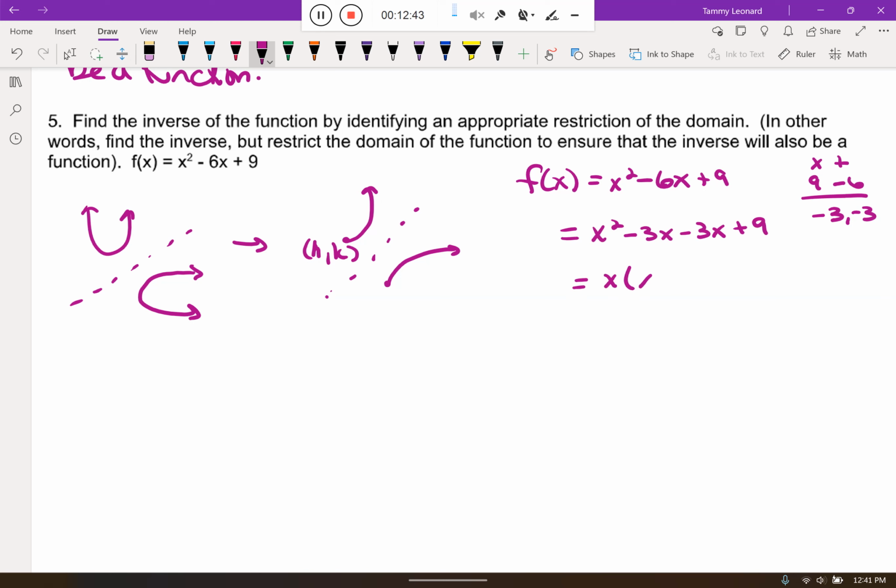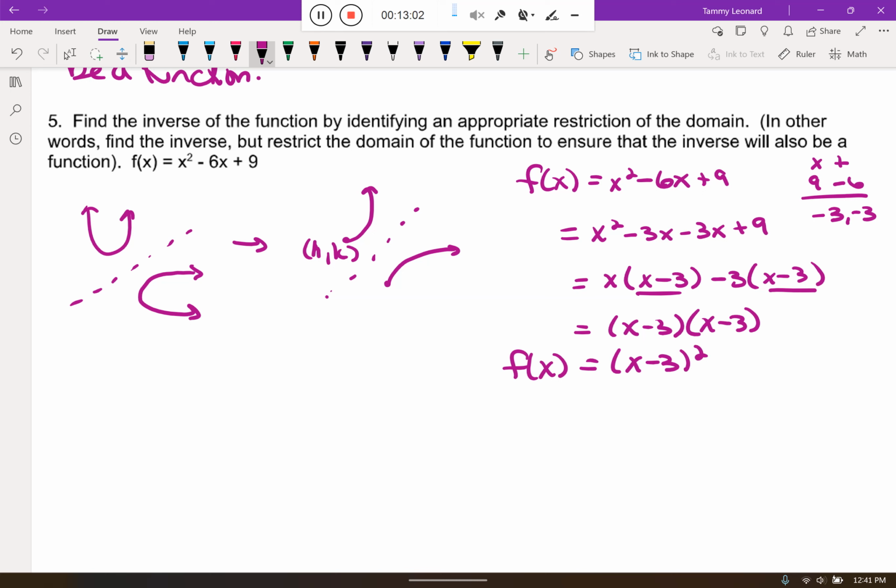We take a GCF of x out of the first two terms and a GCF of negative 3 out of the last two terms. Notice they have that x minus 3 in common, and the other factor also happens to be x minus 3. So in vertex form, we have x minus 3 all squared.